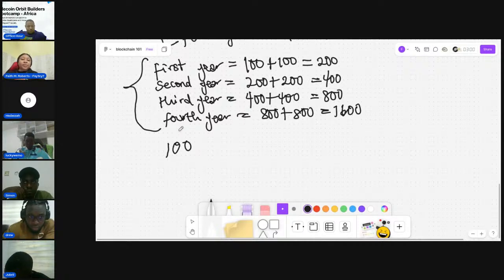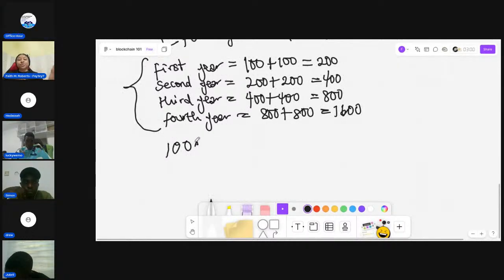So in normal mathematics, it will be since the item doubles, right? That means it adds itself times 2. You want to raise it to the power of 2 times how many years it runs. So this runs for 4 years, first, second, third, fourth year.